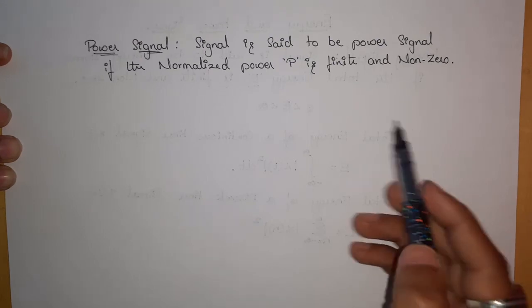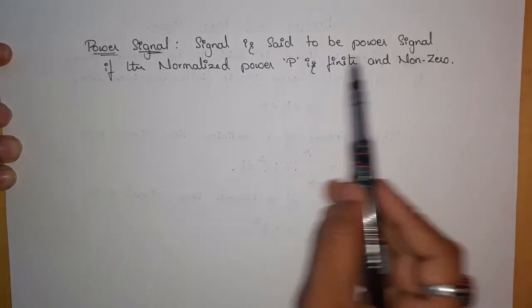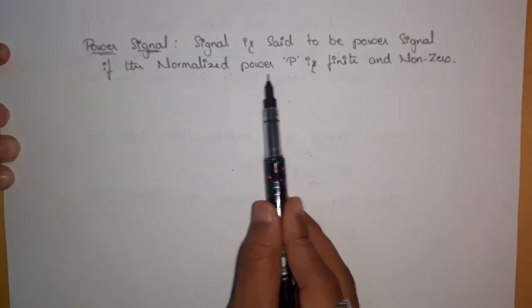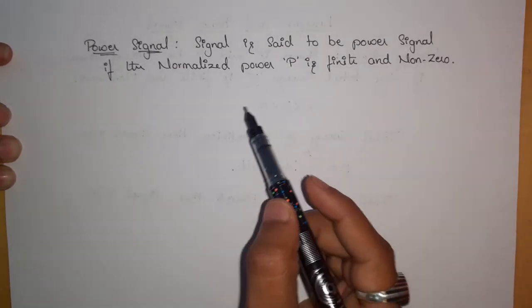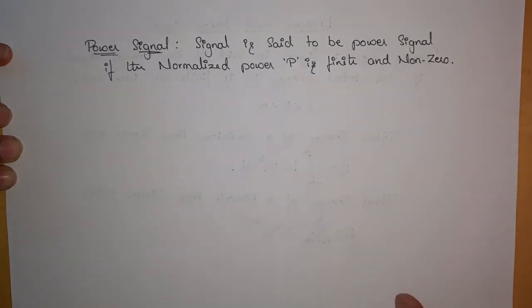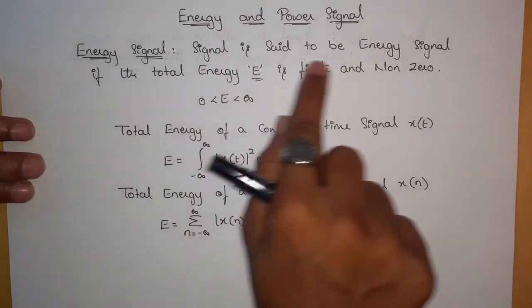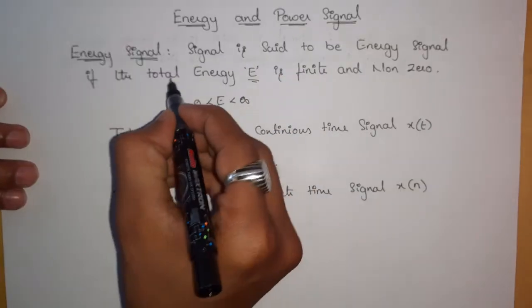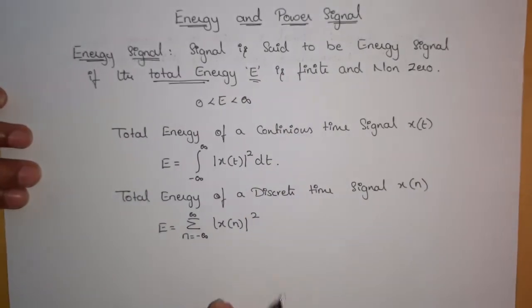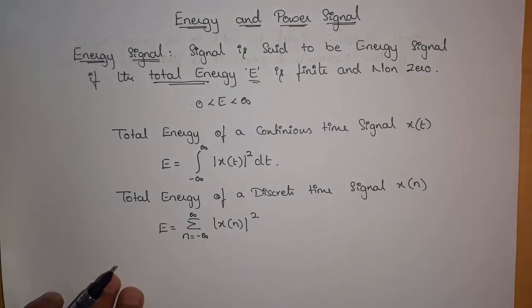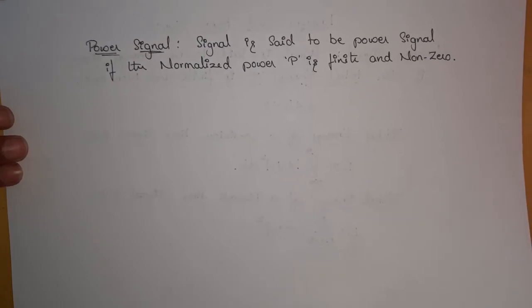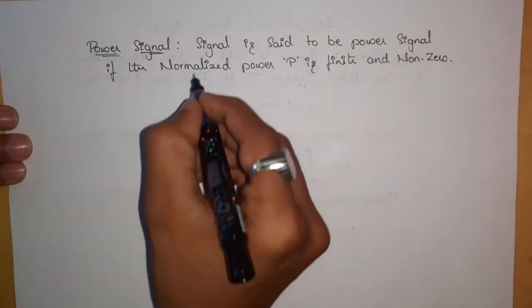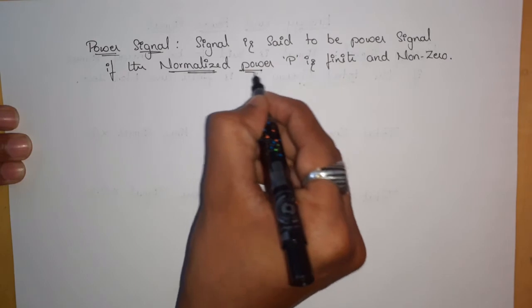For the previous one, energy signal, we marked it as total energy, but now for a power signal, remember it is normalized power.